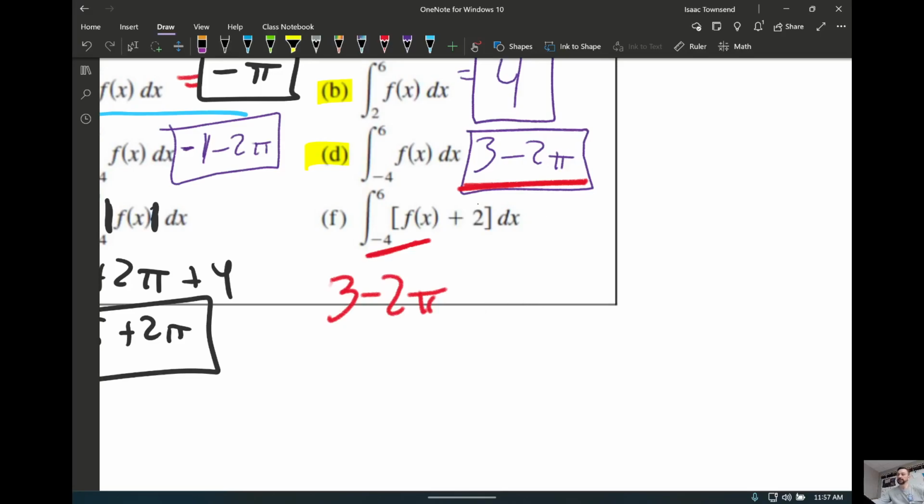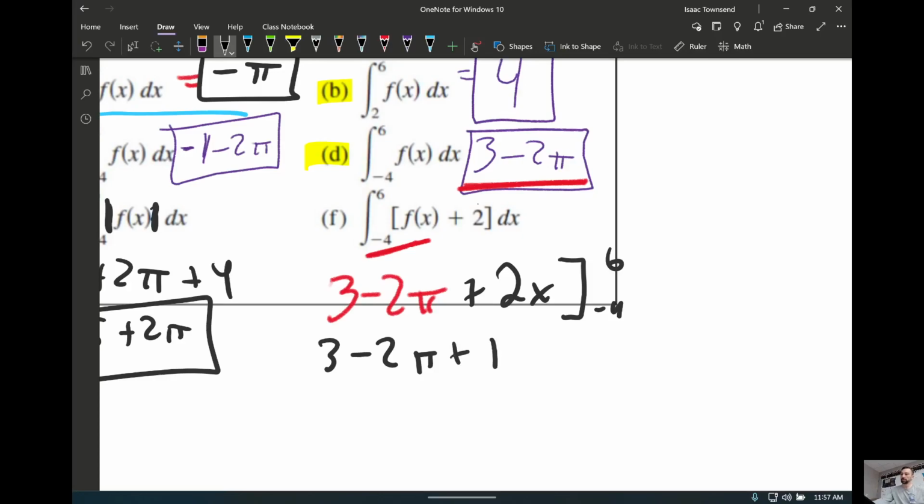But this 2 is inside the integration, so you have to do its antiderivative and evaluate it from -4 to 6. So you have this part, you plug in 6 the first time, plug in -4 the second time, and I ended up with, oh, okay, this could be my fault. This could be my arithmetic here.